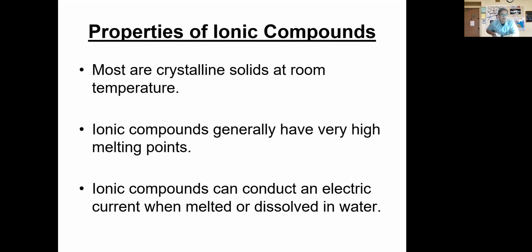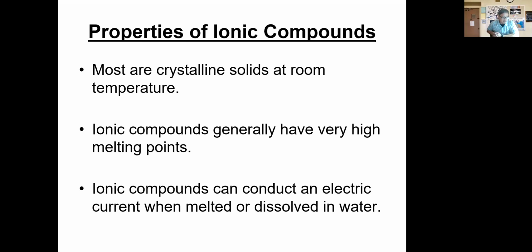Most of them will be crystalline in nature at room temperature. So at room temperature, you're going to notice that most ionic compounds will be solids. I actually cannot think of any ionic compound off the top of my head that is not a solid at room temperature.